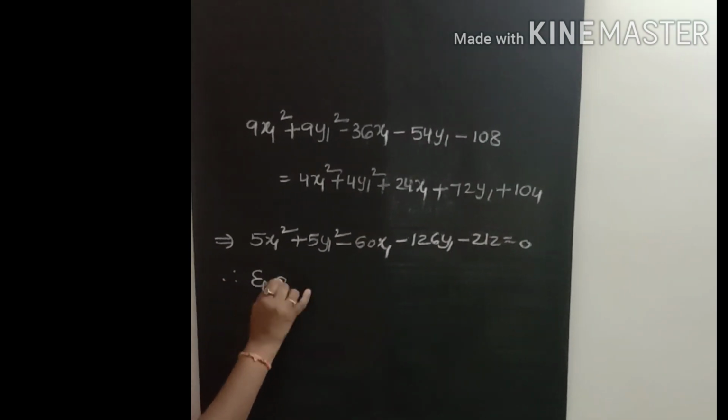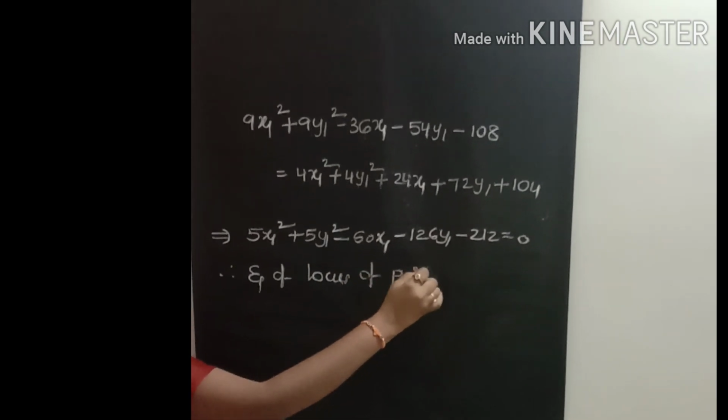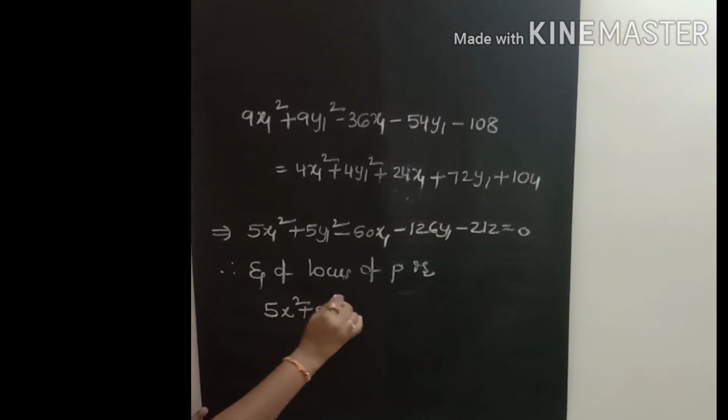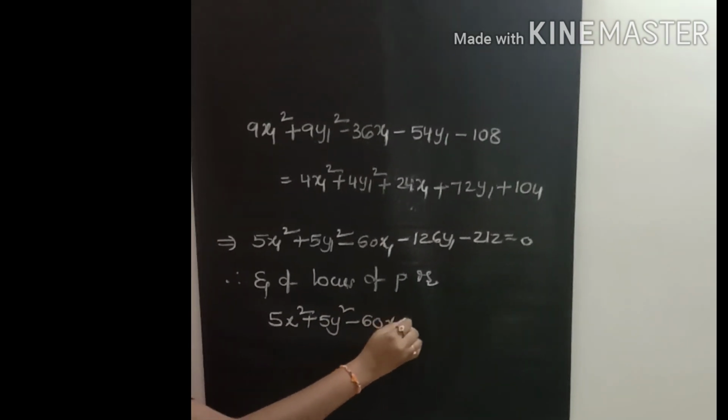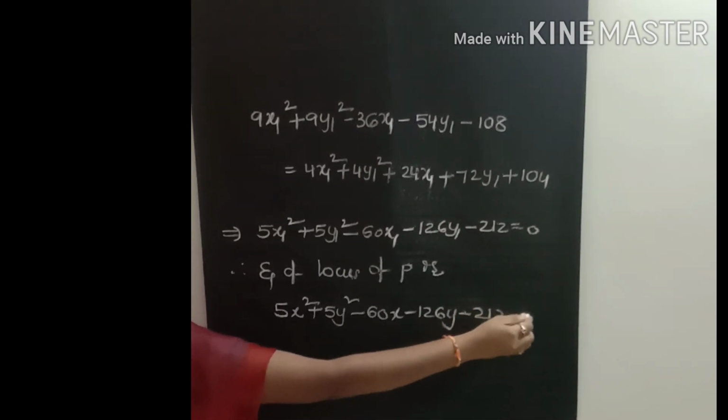Therefore, the equation of locus of P is 5x square plus 5y square minus 60x minus 126y minus 212 equals 0.